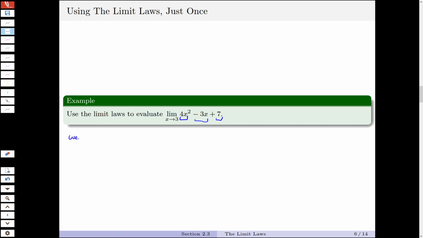So we're going to use that first limit law to say that this is equal to the limit as x approaches 3 of 4x squared minus the limit as x approaches 3 of 3x plus the limit as x approaches 3 of 7.